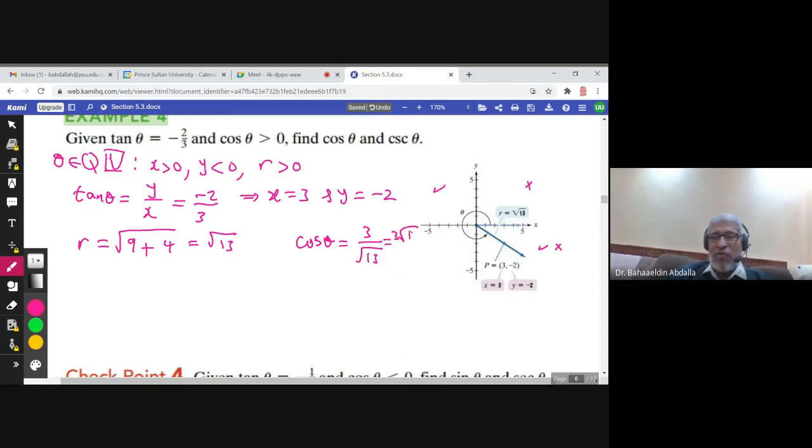And if you multiply by square root of 13 to rationalize the denominator, this would be your answer. Cosecant theta is the reciprocal of sine. Sine is y over r. So cosecant would be r over y. R is square root of 13 and y is negative 2. So this is cosecant theta.